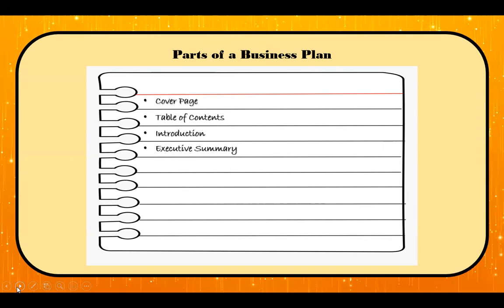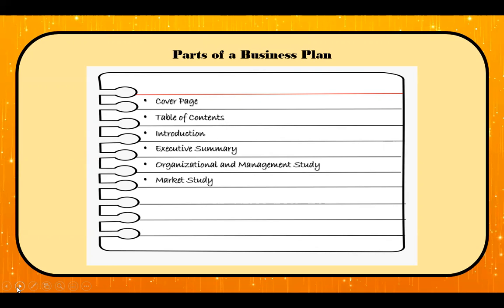And it is normally 1 to 3 pages long. Then we also have the organizational and management study. So this will include reasons in forming the organization, the type of organization, organizational structure, officers, and key personnel and project schedule.